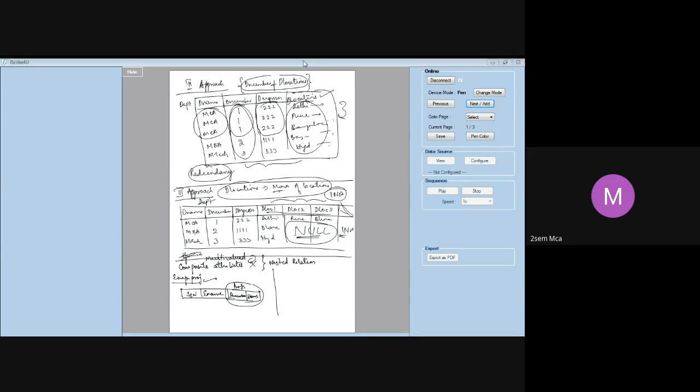How do you represent this? If I try to write the schema of this, it will look something like this. EMP project is the table, right? In this you have SSN, you have ename, then you have this attribute called projects. Now within this, this is a multi-valued attribute.